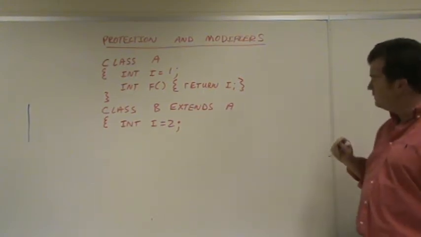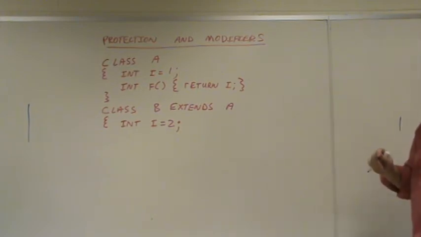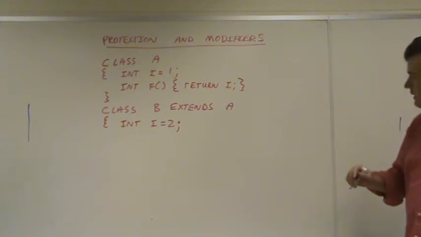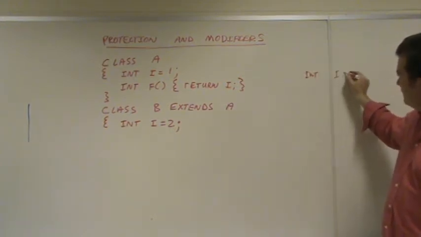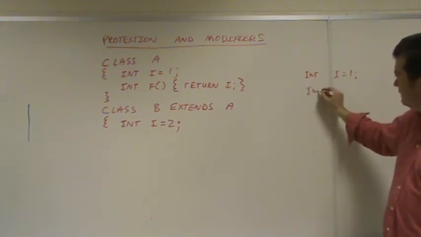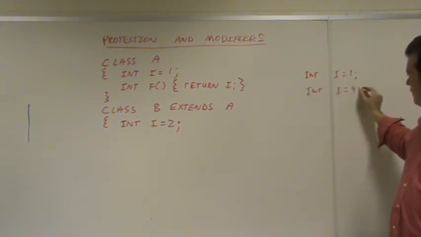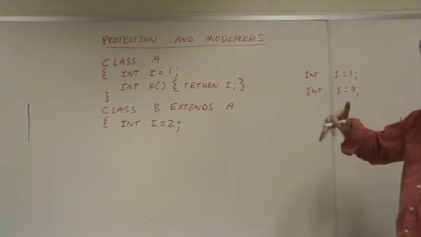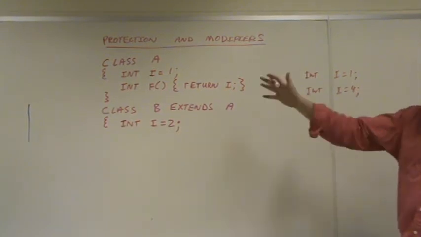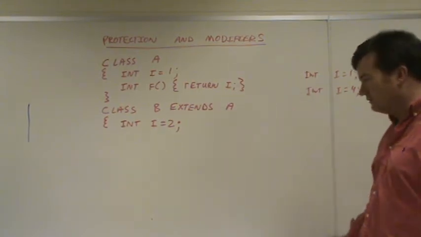Actually, what happens when you declare a variable twice? If in your regular program, you say int I equals 1 and then say int I equals 4, it'll tell you it's already been declared. It'll say no good. It won't just take the most recent one. It'll tell you something's wrong. You declared the same variable twice.